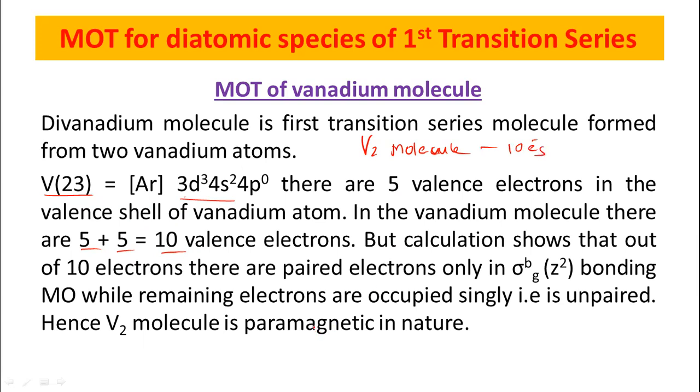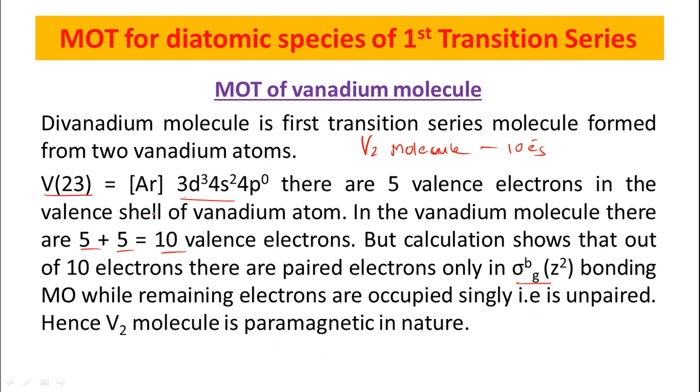But calculation shows that out of the 10 electrons, there are paired electrons only in the sigma g bonding molecular orbital coming from the z square orbital, while the remaining electrons occupy singly, that is unpaired. Hence the vanadium molecule is paramagnetic in nature.